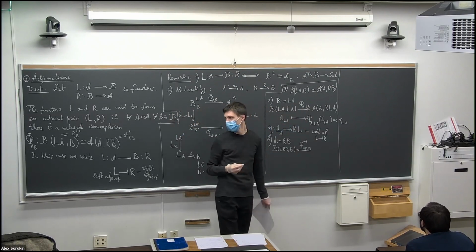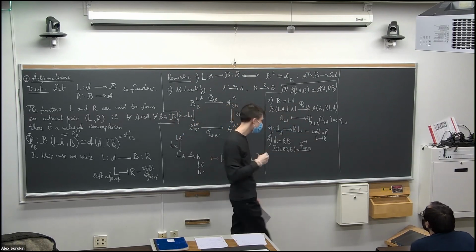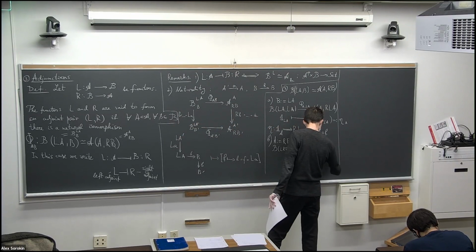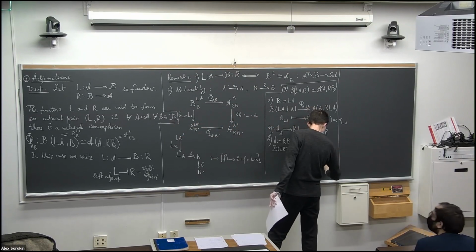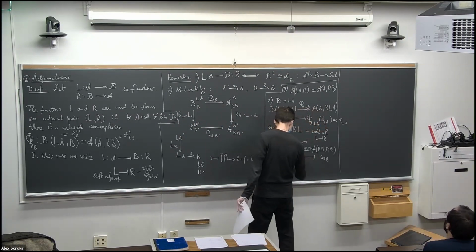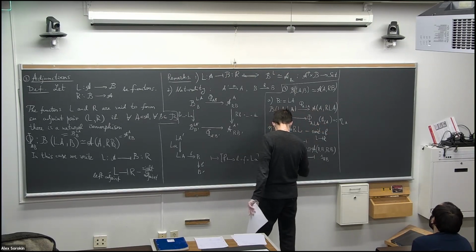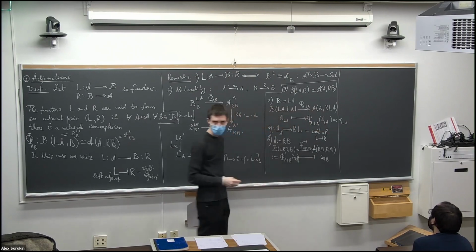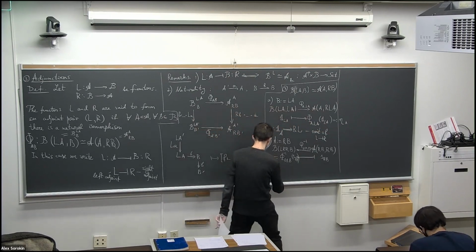Then we have Hom(RB, RB). Here we are taking the identity on RB. And the identity on RB corresponds to phi minus first at RB, B of 1 RB. And this value is called epsilon sub B.